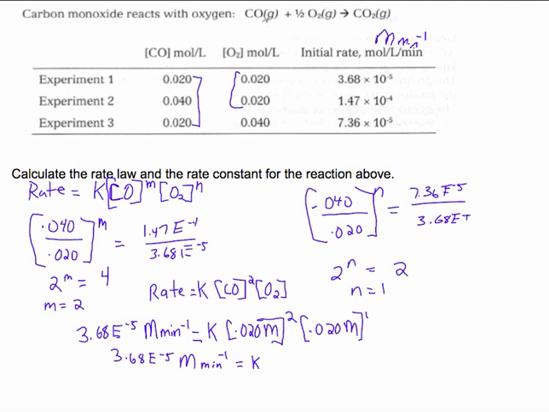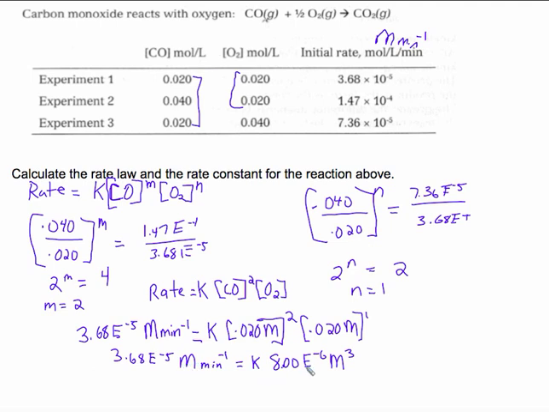times 8.00 e to the minus 6. And I forgot, this is going to be molarity to the third power, because a molarity squared times molarity to the first is equal to a molarity to the third power.